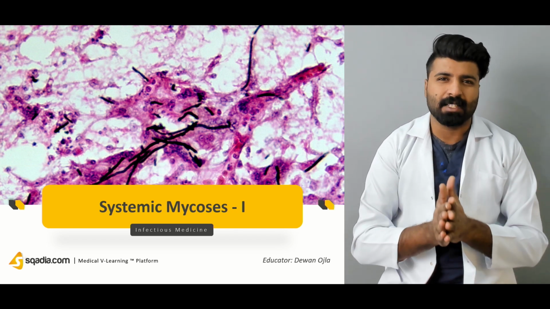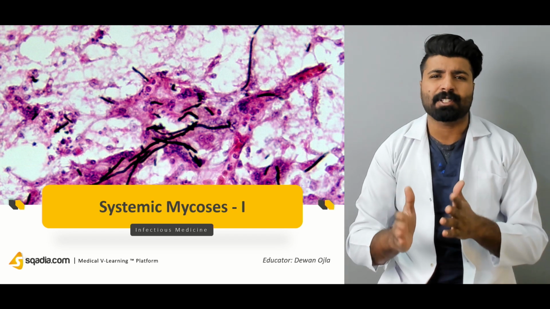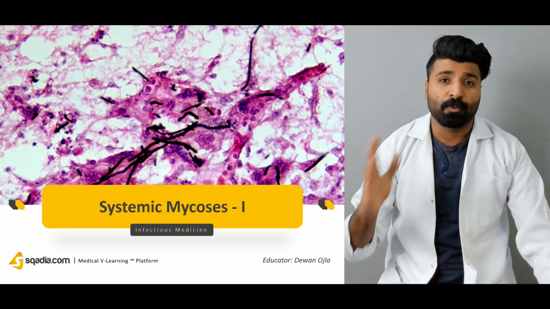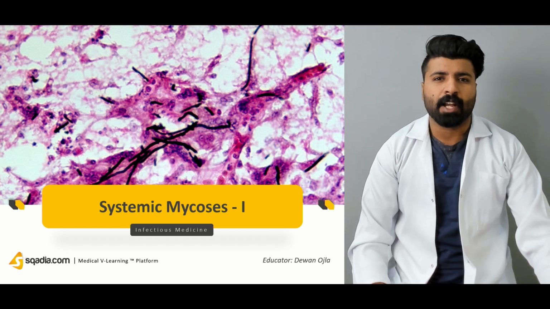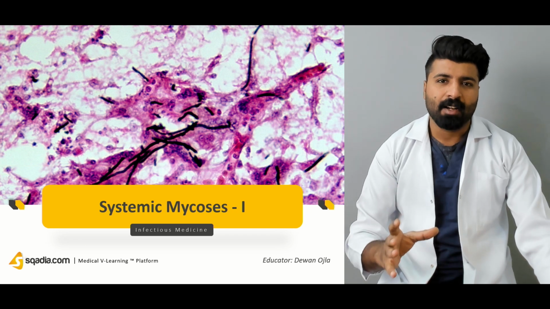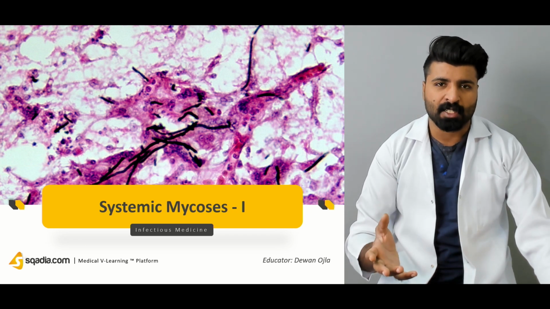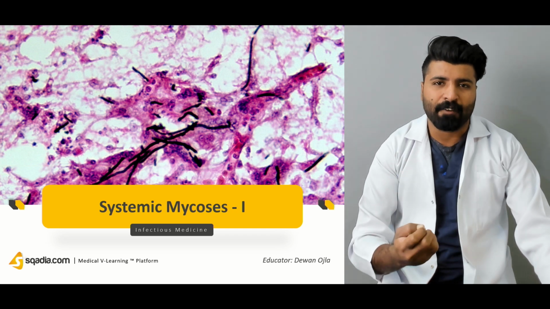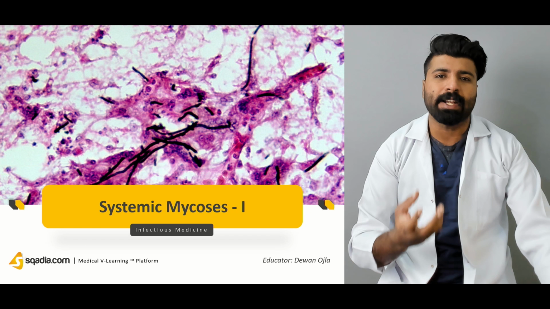So fungi are basically present in the soil, in the plants, and in unconsumed food which has been there for a long time. With time, fungi develop in that, hyphae come into existence, and to disseminate fungi they produce conidia.